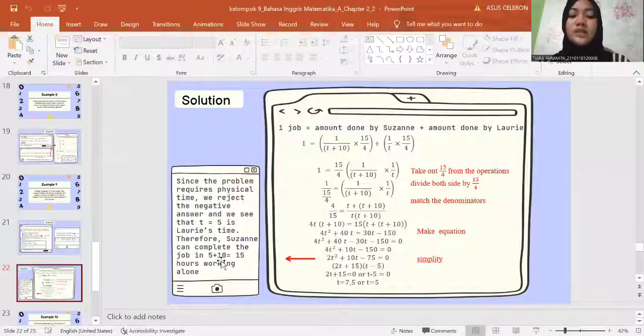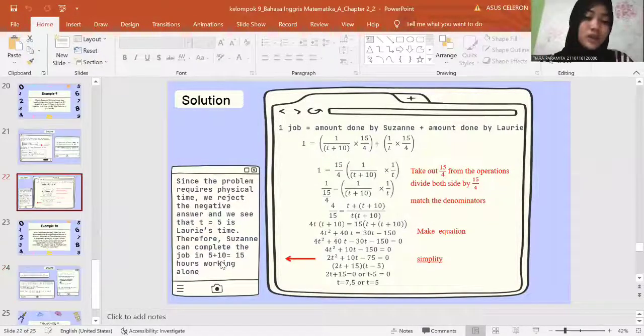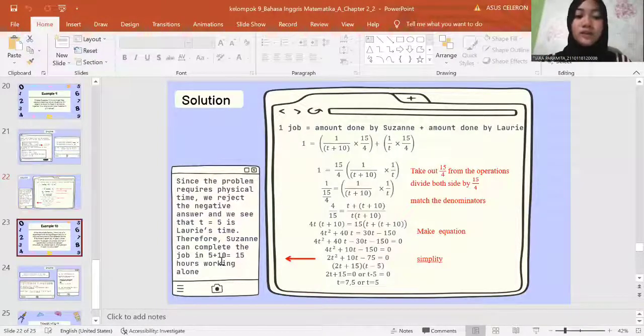The simplified factoring is (2t plus 15) times (t minus 5). So t equals negative 7.5 or t equals 5. Since the problem requires physical time, we reject the negative answer and we see that t equals 5 is Lowry's time. Therefore, Susan can complete the job in 5 plus 10 equals 15 hours working alone.